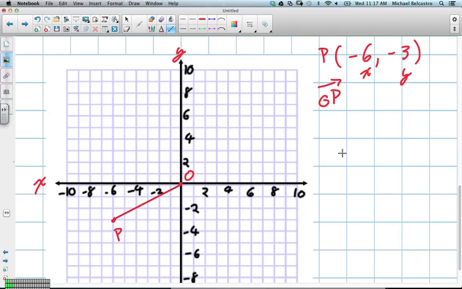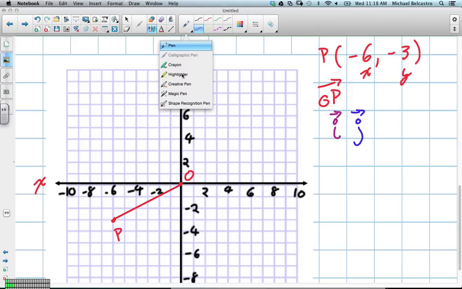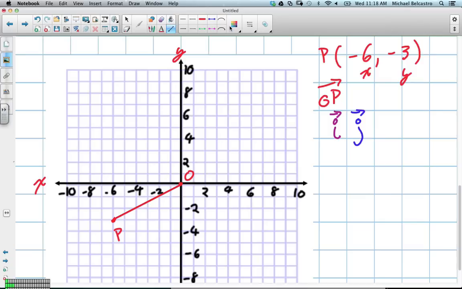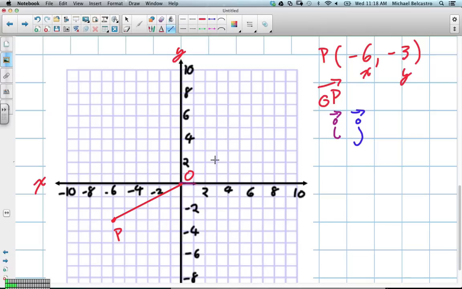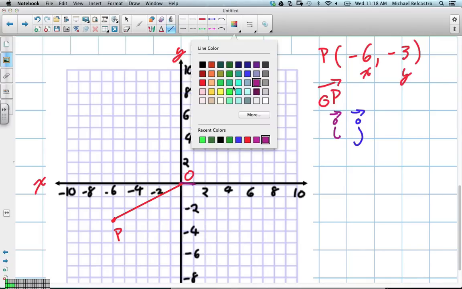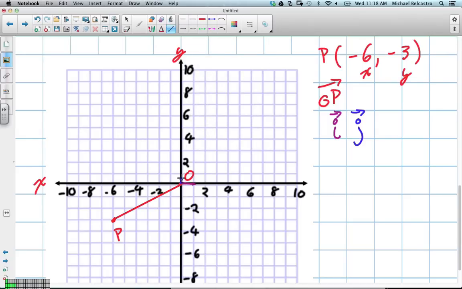Now, if we were to represent this as component vectors, remember we talked about i as a color of purple and j as blue. This is a combination of many unit vectors, and I'll show you what one of the unit vectors would actually look like. Our first unit vector being i, in purple, is just the value of 1 along the x-axis, and our j unit vector is just the value of 1 along the y-axis.